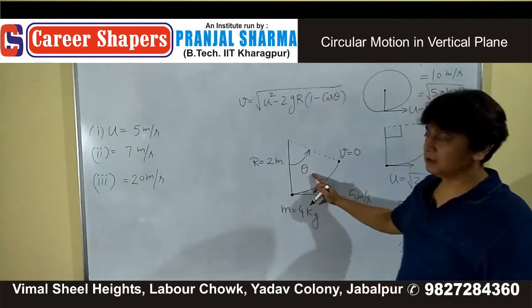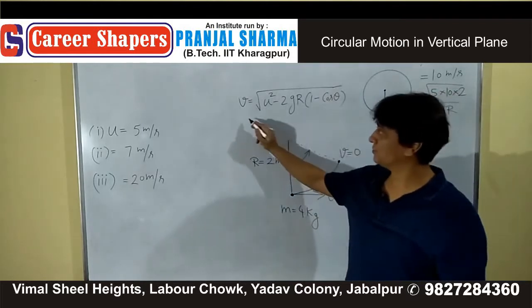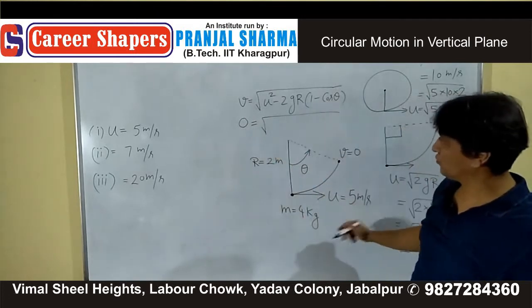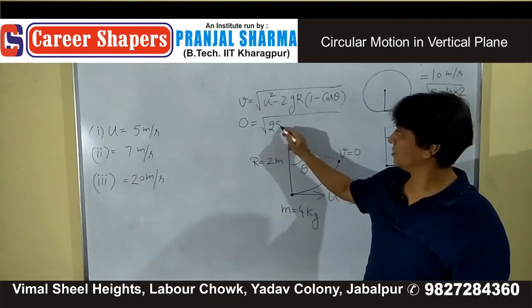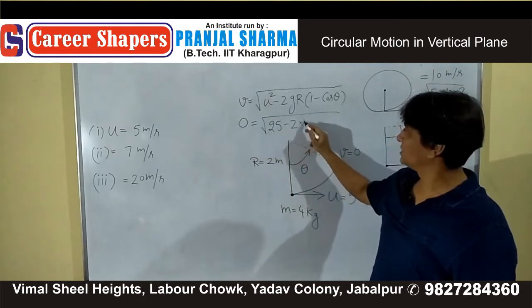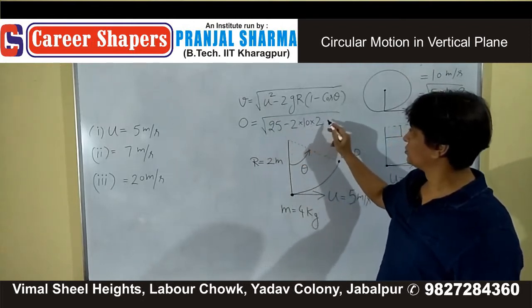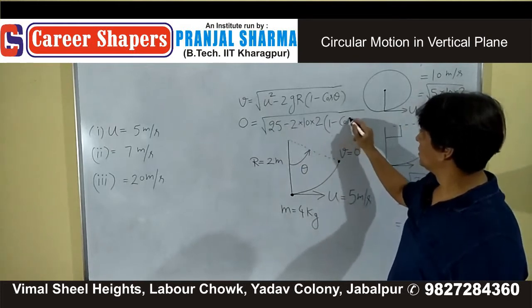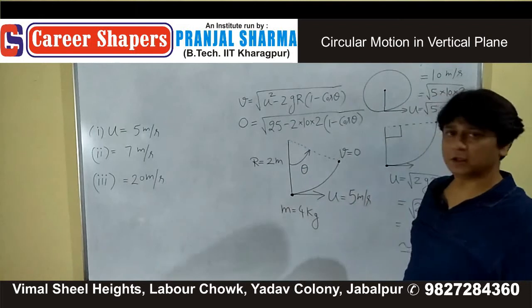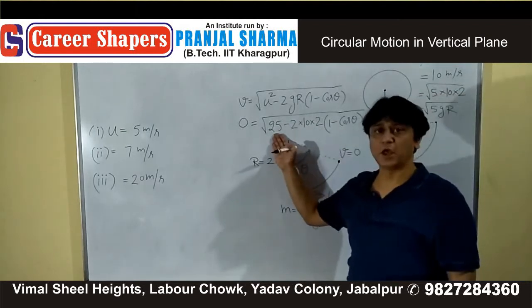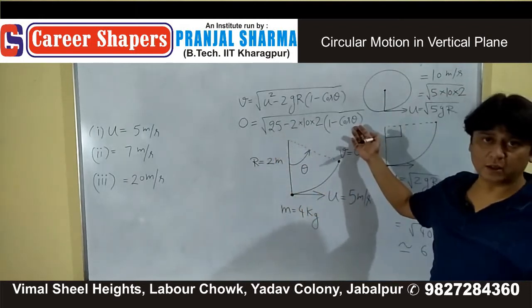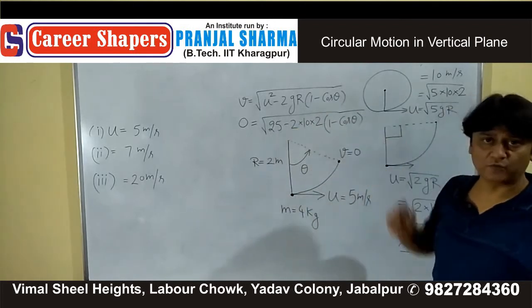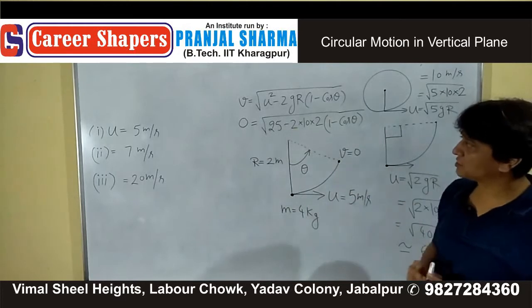At this theta, v becomes 0. U is 5, g is 10, R is 2 multiplied by 1 minus cos theta. Solve this and you will get cos theta. Simply remove the root and you will get the value of cos theta. This is the first part.